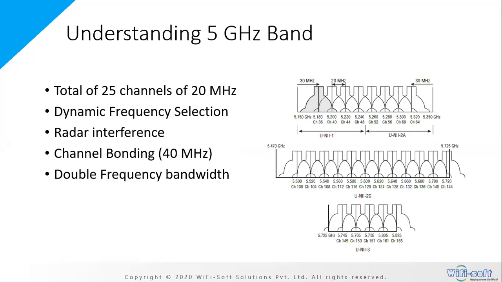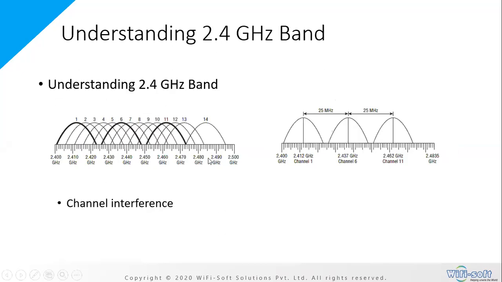One of the shortcomings of 2.4 gigahertz, if you go back to the previous slide, is that the channel assignment begins right at 2.4 gigahertz, which is right here. So if any other licensed frequency is operating before 2.4 gigahertz, this band will automatically interfere with the licensed frequency.